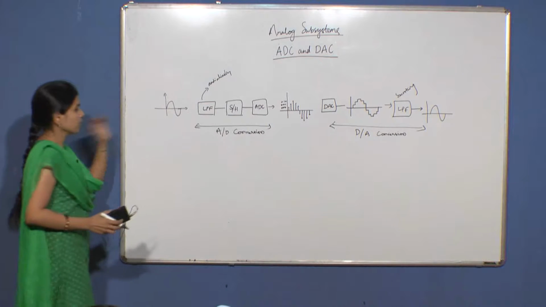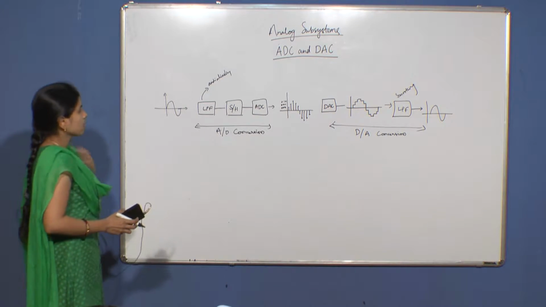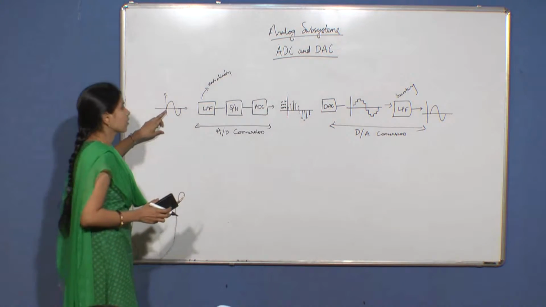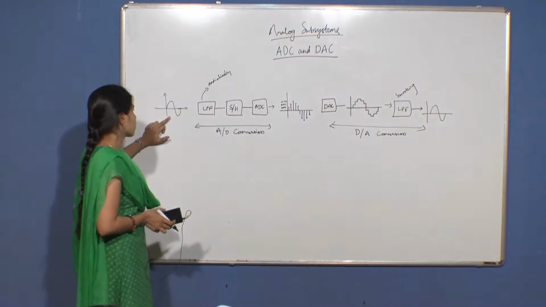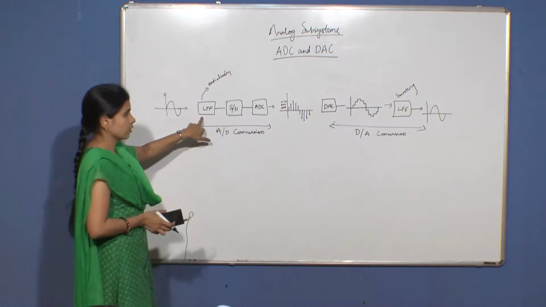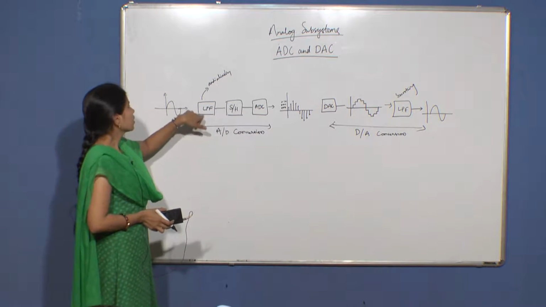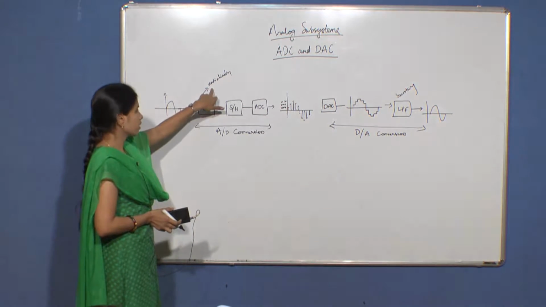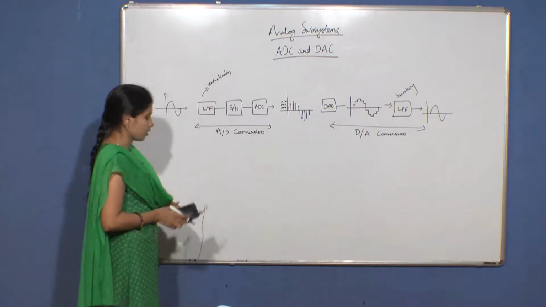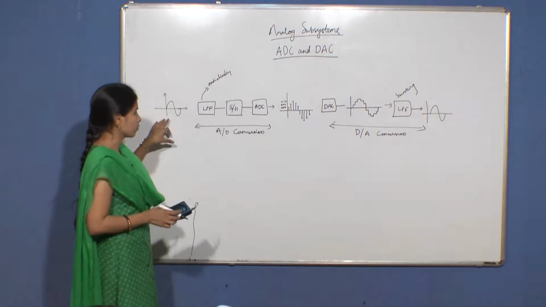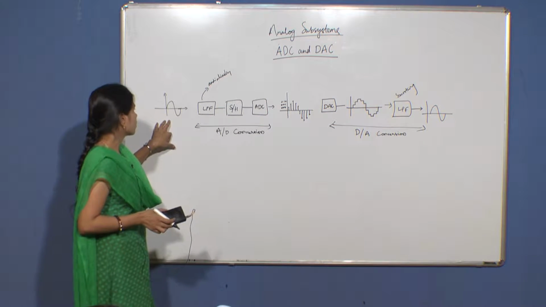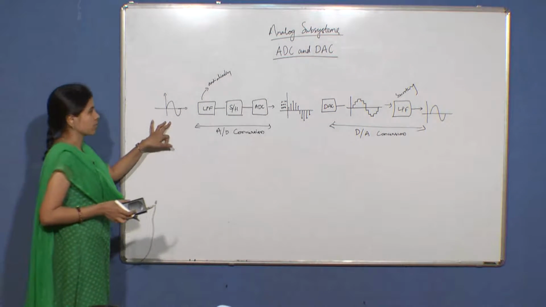So, here you can see that an analog signal, which is infinite valued and continuous, is first given to the low pass filter, which is basically an anti-aliasing filter which removes the high frequency components in your input, so that the effect of aliasing is reduced.